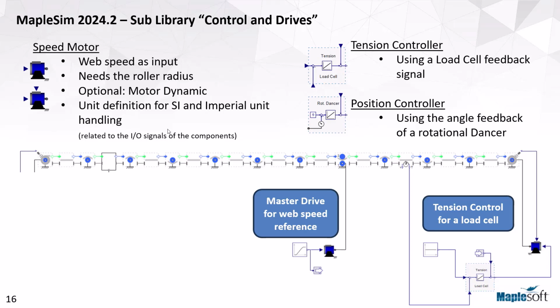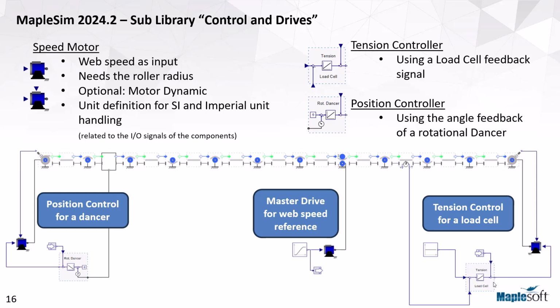The same component, speed motor, is used. The option for the external radius is activated, so it needs a measured radius here. And the input signal for the speed motor is not only the master line speed, it's also the sum of this line speed with the output of a tension controller.